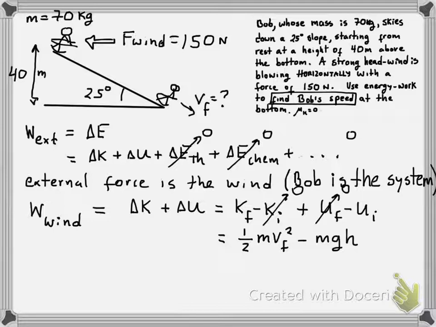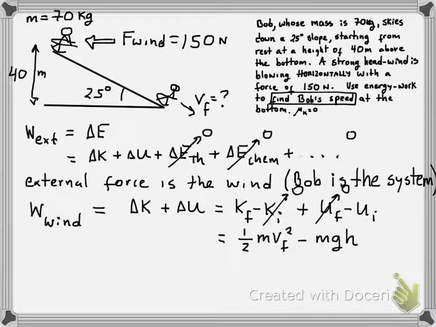If there had been no wind, then the equation would say that the work done by the wind is 0, and therefore 1/2 m v squared will be equal to mgh, which is the usual conservation of energy equation that we would have written in the case when there is no friction and no external forces. So we say the potential energy at the top equals the kinetic energy at the bottom. That's what we would have had in that situation. So here we don't have that.